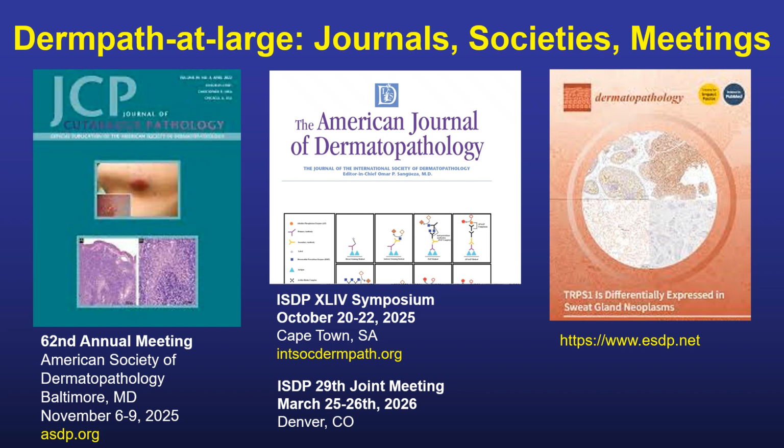Among the three major dermatopathology journals, the American Society of Dermatopathology, ASDP, and International Society of Dermatopathology, ISDP, organize 1 or 2 meetings annually. In terms of my own involvement, I have served as a manuscript reviewer for all 3 journals and also serve on the editorial board for Journal of Cutaneous Pathology, the journal of ASDP.